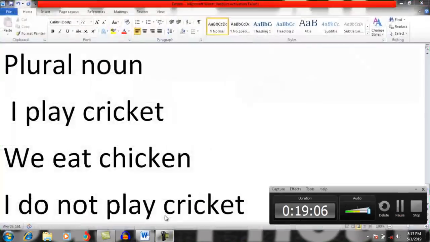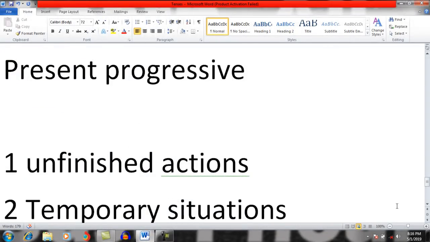Now we will discuss present progressive: where we will use it and how we will use it. So present progressive, in the first case, we use for unfinished actions, those actions which are not finished at the moment.